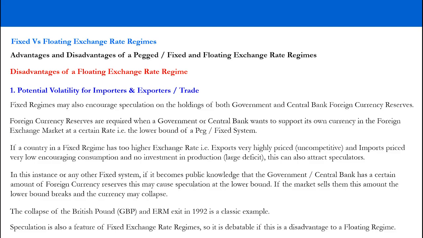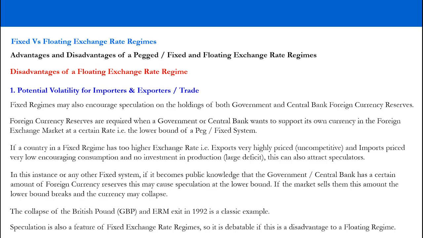fixed system. A fixed system usually has a lower and an upper bound, where basically the central authorities, if the currency value goes below a certain level or touches a certain level, will use foreign currency reserves in order to buy their own currency in the open market in order to support the currency.